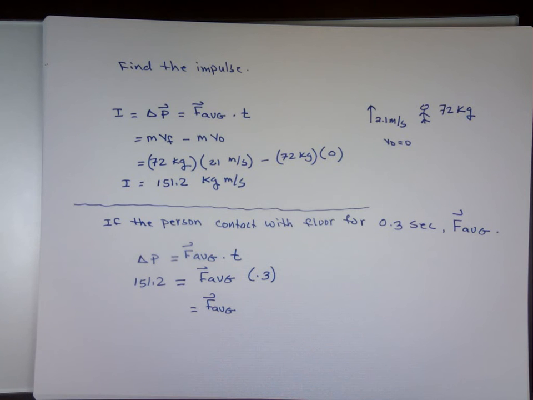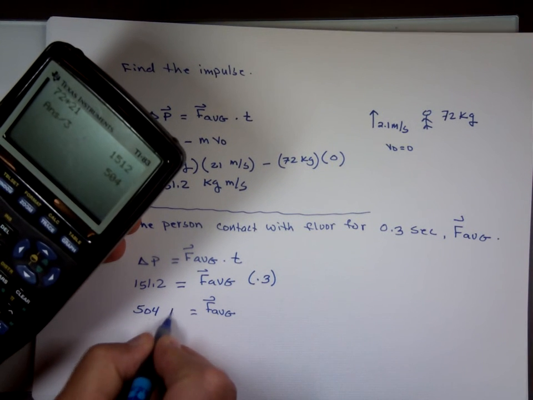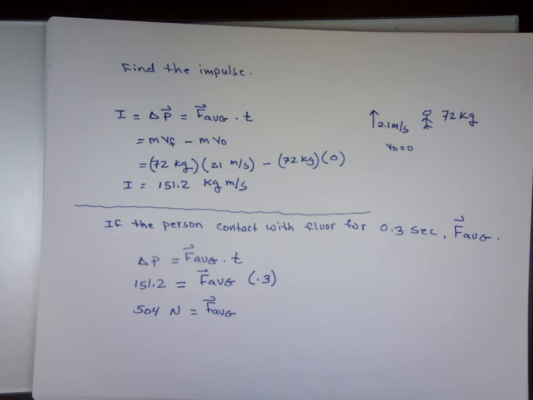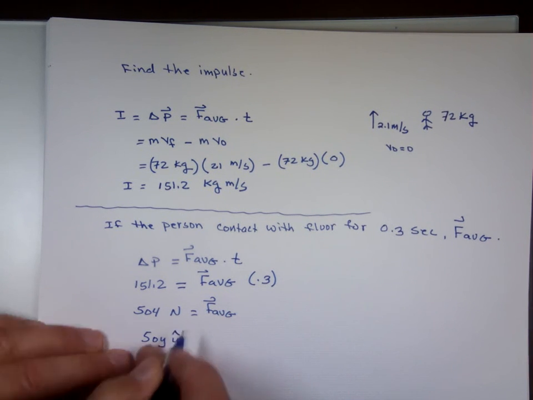Is it 504 newtons? So the average force here is 504 newtons. And this force will be in which direction? In the y direction. If you want to write it as a vector, that's 504 in the y direction.